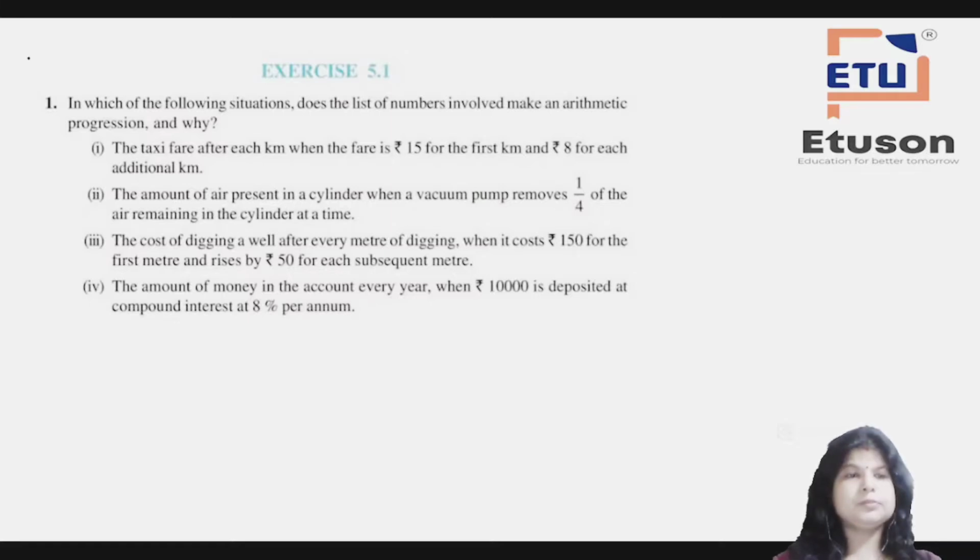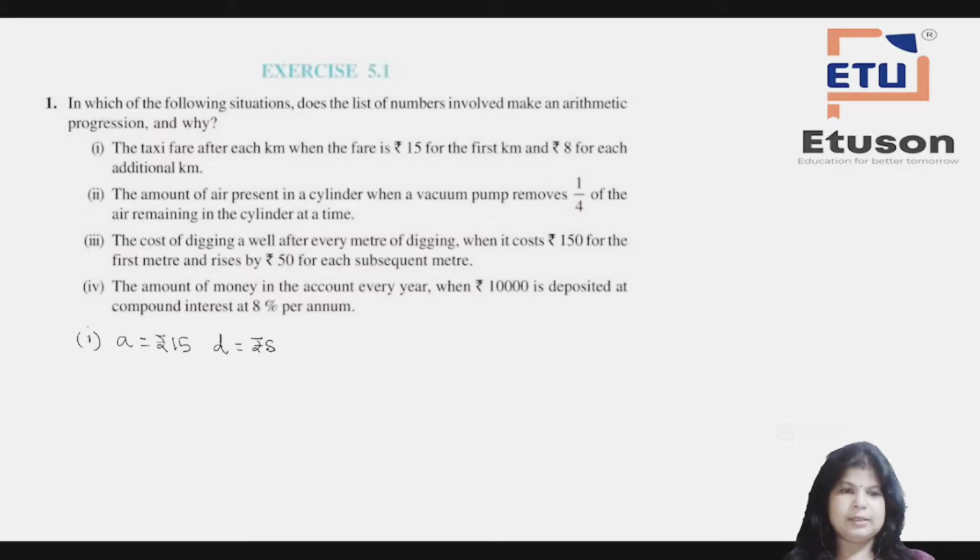Part 1. The taxi fare after each kilometer when the fare is rupees 15 for the first kilometer and rupees 8 for each additional kilometer. So here, the first term of the series is A, which is rupees 15, and for each kilometer there is a common difference, which is given, that is rupees 8, right?